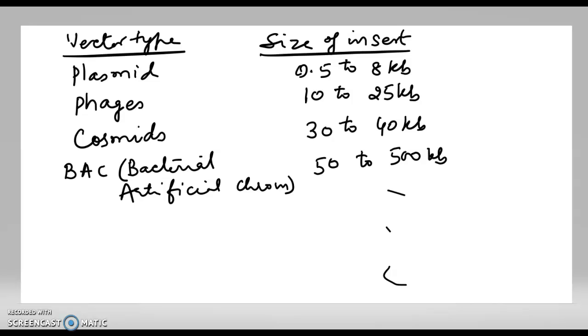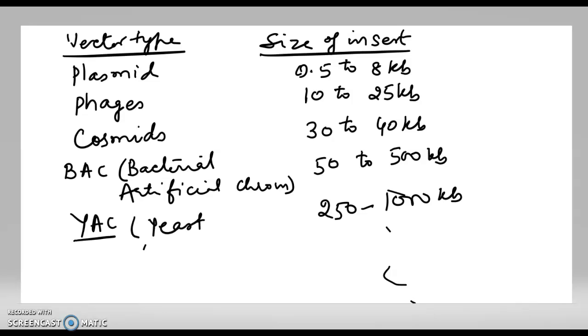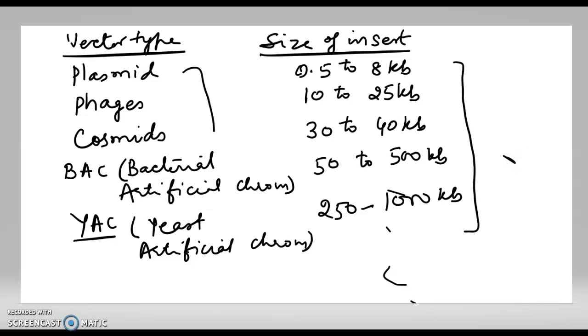Now, if size is between 250 to 1000 kb, then we use YAC, that is yeast artificial chromosome as vector. So depending upon the sizes, we select vectors for the cloning experiment. If it is up to 10 kb, then plasmids are used.